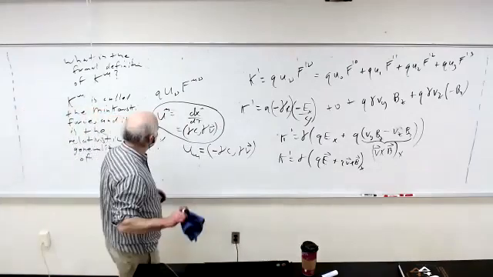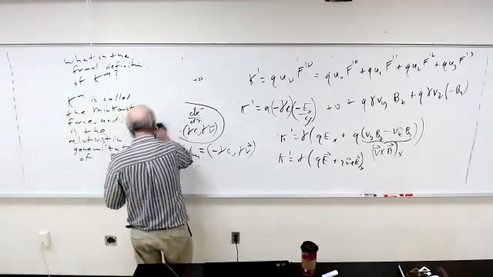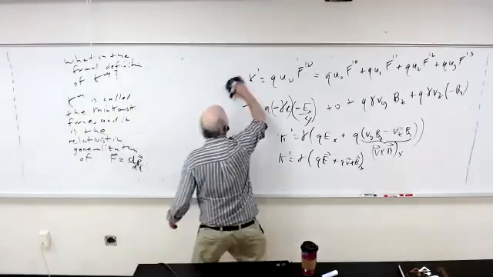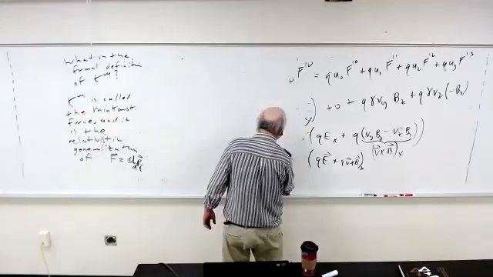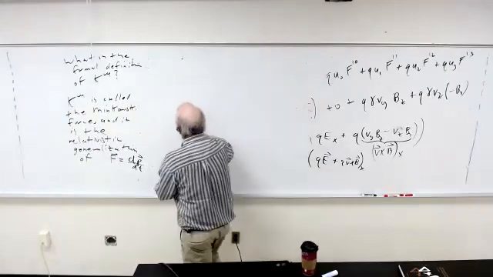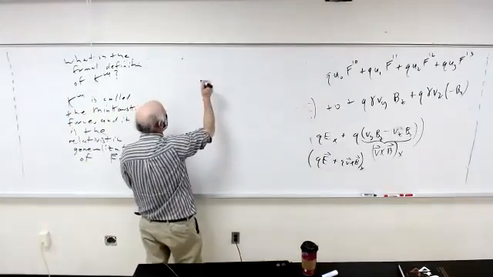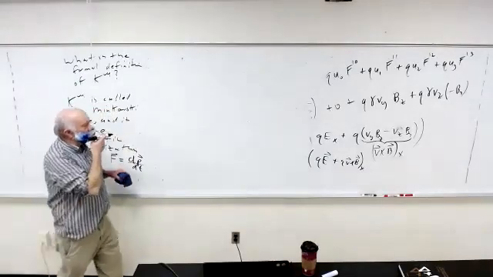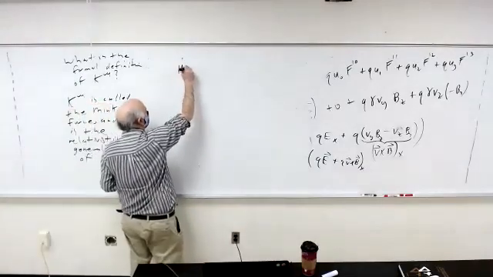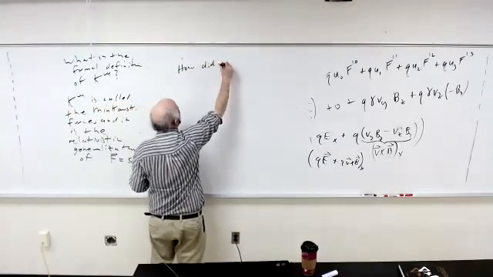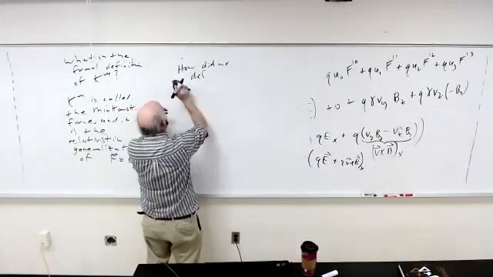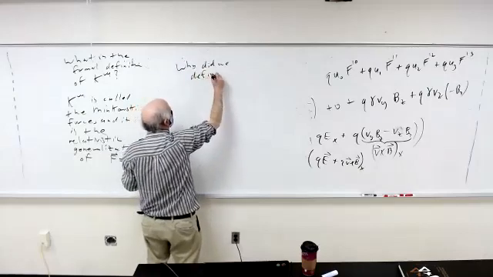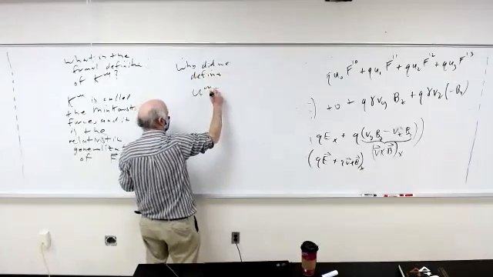So let's figure out how to do this. Think about how we did this here. Why did we define U mu like this?